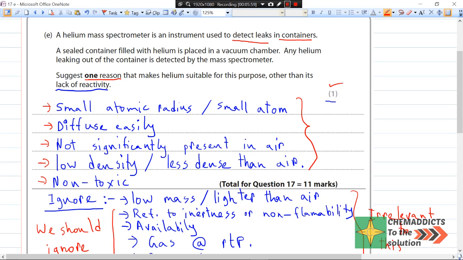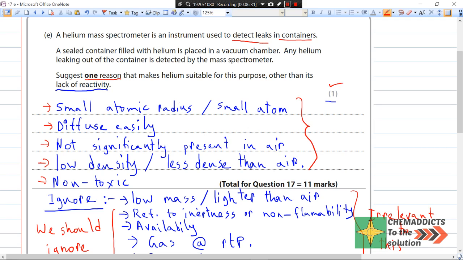Since there is no helium present in the air, we can be assured that this helium comes from the sample, and that there is a leak in the container. So this should be the answer.